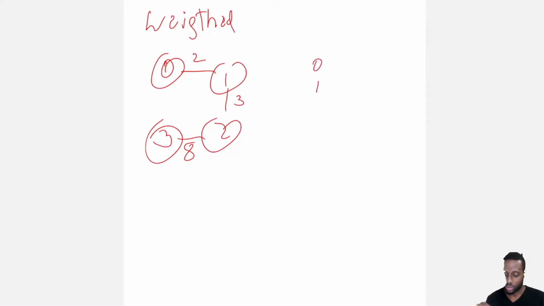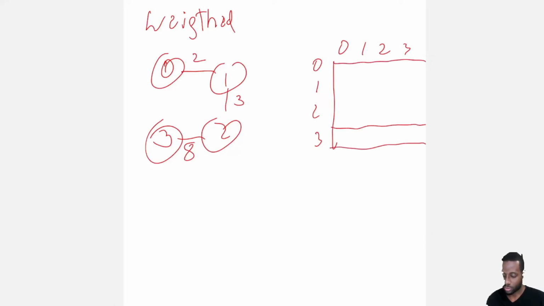The same way, guys. We have 0, 1, 2, 3 across the top and 0, 1, 2, 3 down the side. Let me draw that. What's next? It's pretty much the same logic as the other one. The graph we have right now is undirected, which means it can go both ways.